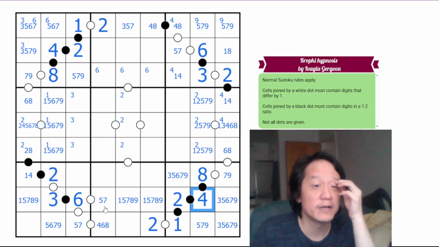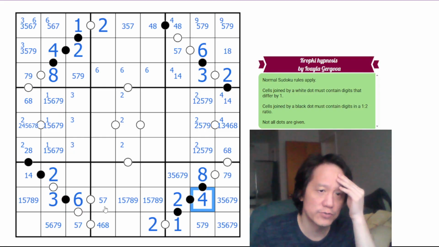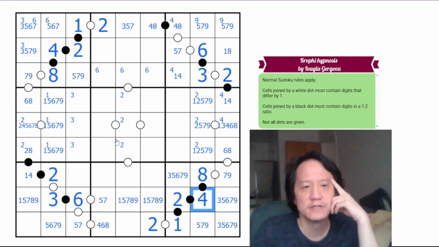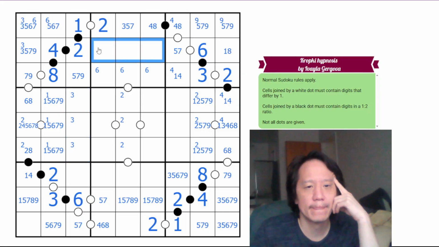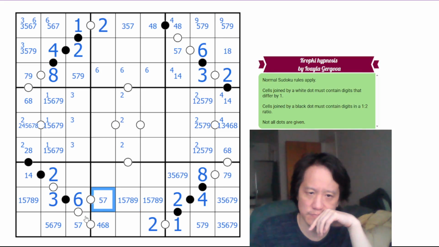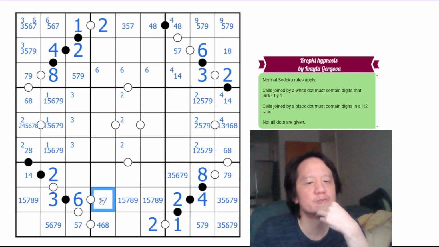Kind of problematic, actually. I'm not sure where to attack next. Probably using these white Kropki dots would be my guess. These could be different digits.